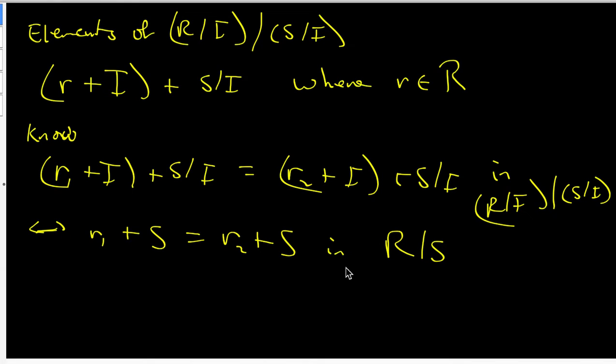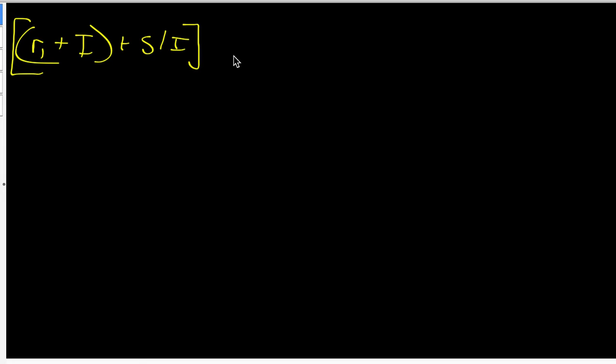In this particular video, I want to look at how the arithmetic in R mod I modded by S mod I actually works. So, if I look at r1 plus I, and I add S mod I to it, and I want to add that coset to the coset r2 plus I plus S mod I, what am I going to get?